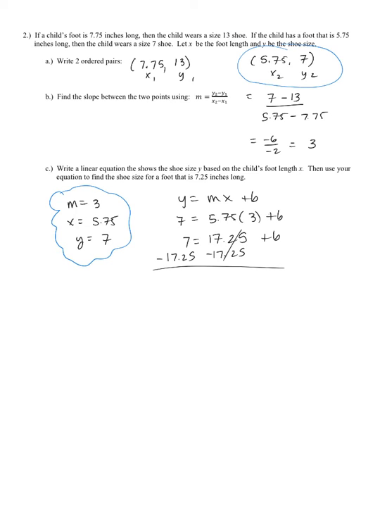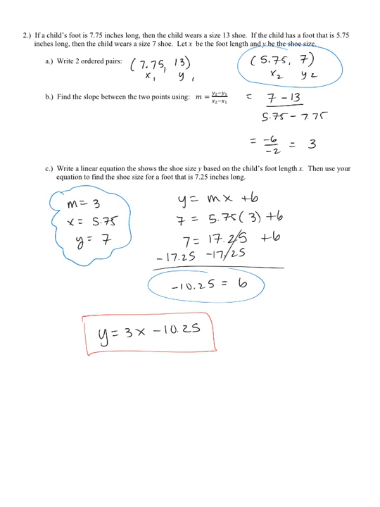We get negative 10.25 for b. Great, now we can write an equation: y equals 3x minus 10.25. There we go. Now you can figure out any shoe size you want just based on the length of your kid's foot.